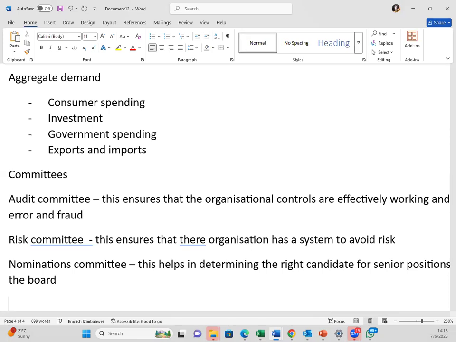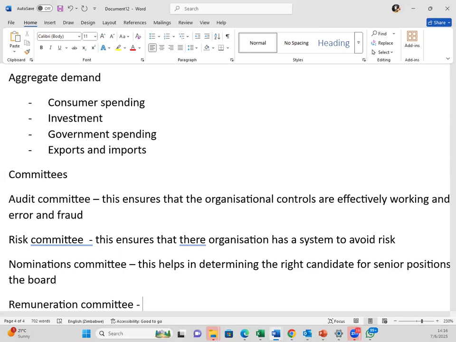Then besides the nominations committee, we can also have the remuneration committee. So the remuneration committee, remuneration is pay.